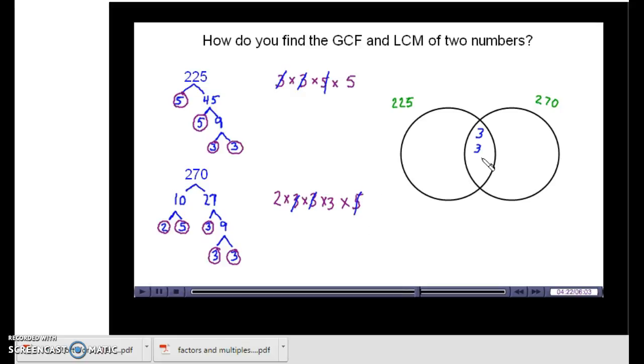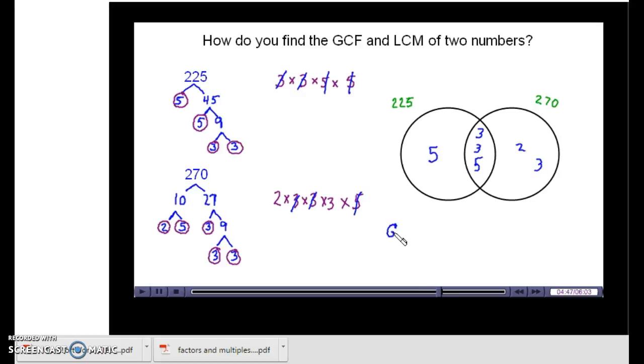So that's going to end up in the overlapping area. So all I have left for the prime factorization of 225 is the number 5. So I'll place that in the other part of the circle. And now I'm done with 225. Now let's look at 270. All that we have left are the numbers 2 and 3. So we'll place those in this circle.